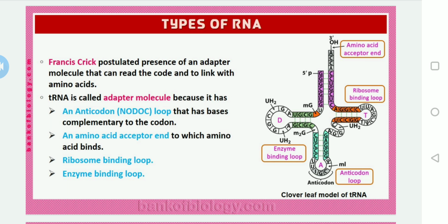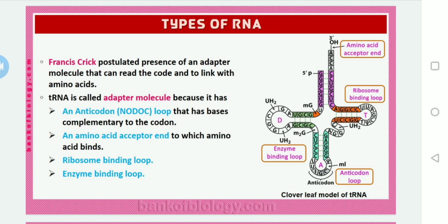The tRNA is also called soluble RNA. But remember, in terms of percentage, tRNA makes up about 10 to 20% of the total cellular RNA, and it is the lowest among the three types of RNA. Are you getting what I'm telling?